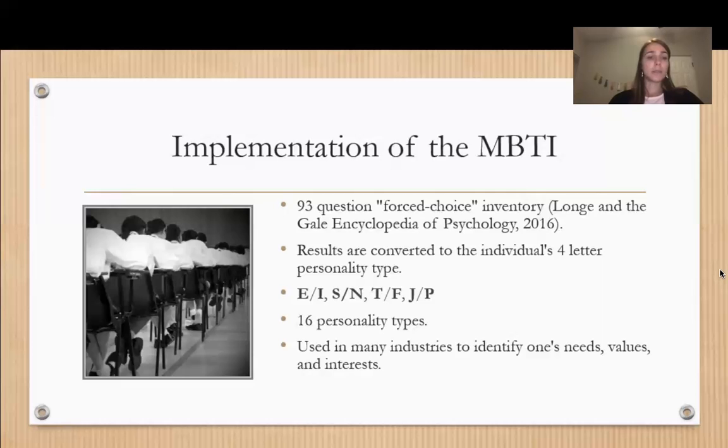It can be used in business and schools to identify one's needs, values, and interests. And a lot of times those results are used to match people with the right employer, or maybe within their organization in a position that they might feel more fulfilled in based on their type. Next.